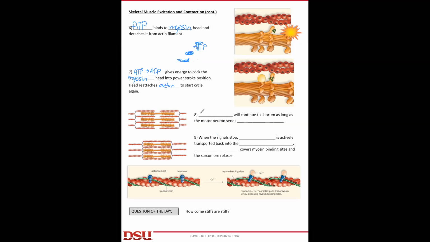Okay, so the sarcomere will continue to shorten. Remember that the sarcomere is inside the myofibrils and contains the actin and myosin. It will continue to shorten as long as the motor neuron is sending action potential. Okay? When the signal stops, when the action potential doesn't get sent anymore, calcium ions are going to get actively transported back into the sarcoplasmic reticulum.